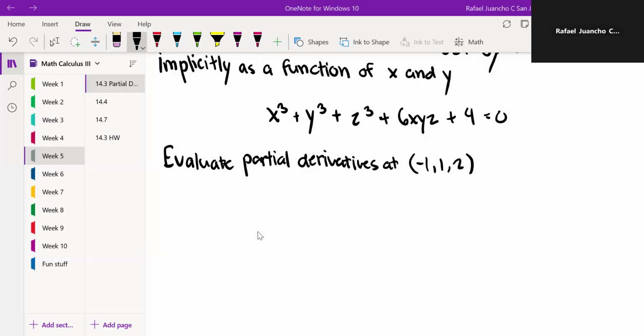And so how do we do this? We have to differentiate implicitly, right? So the idea is we first have to treat y as a constant and z as a function of x. So let's go through each term one by one.